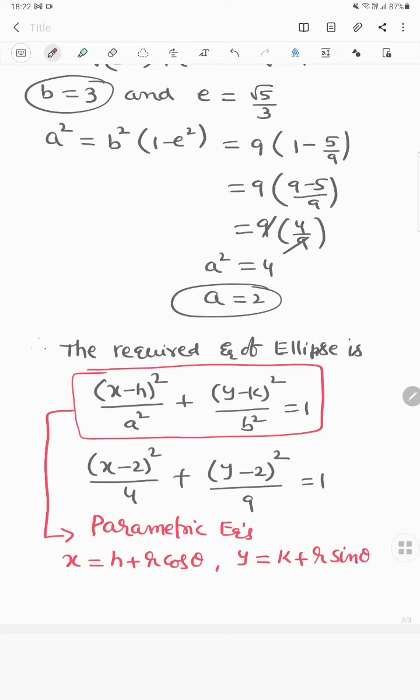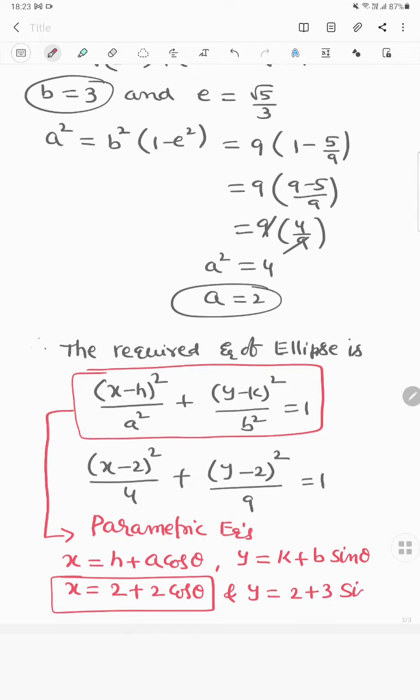Here in place of r, a and b, that also we need to write. So x is equal to, h value is what? 2, a value is 2, so 2 cos theta, and y is equal to, k value is 2, b value is 3, into sin theta. These are the parametric equations.